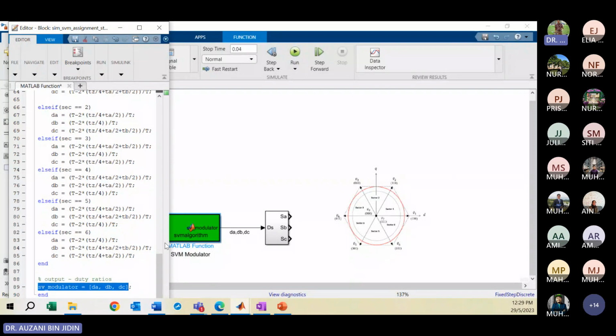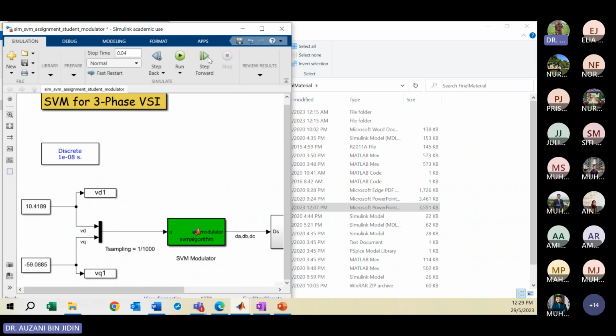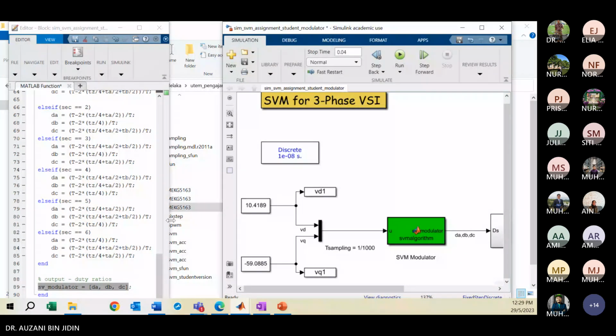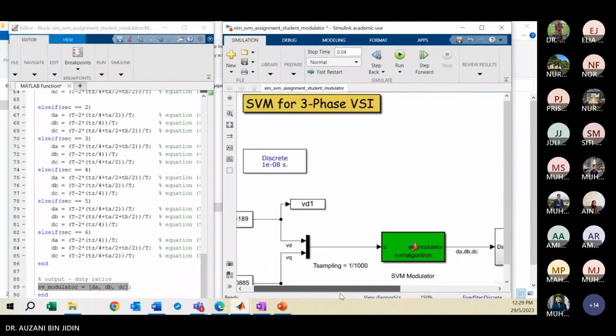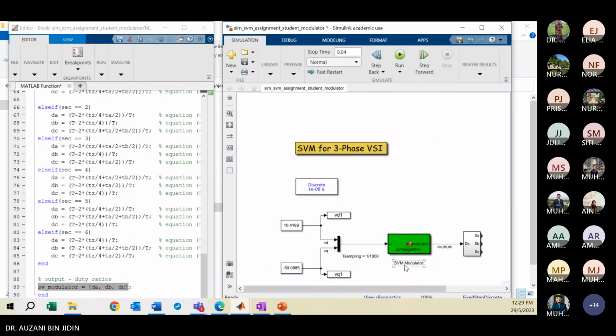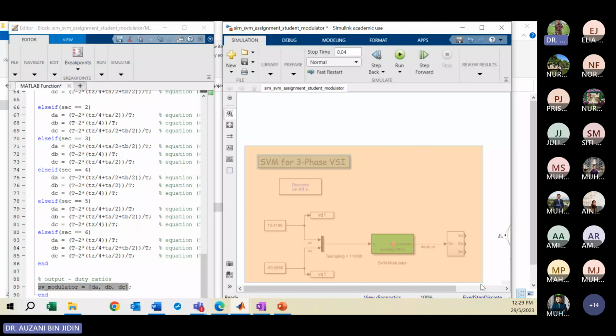Your modulator block here, the MATLAB function, the green color, we have already designed.